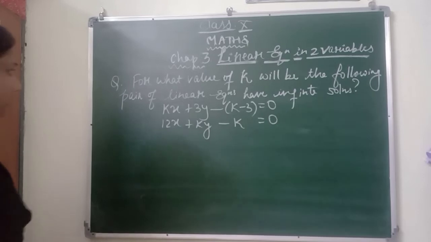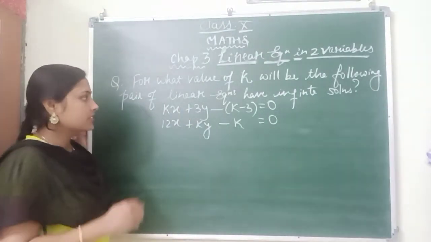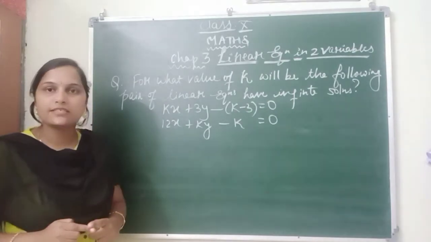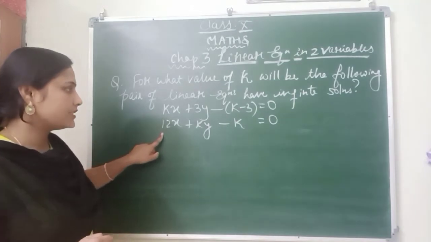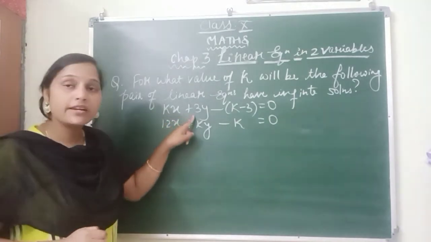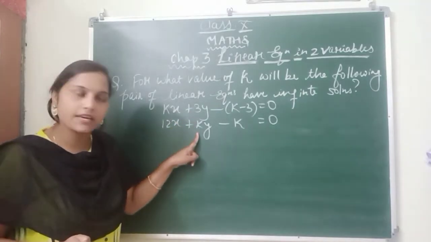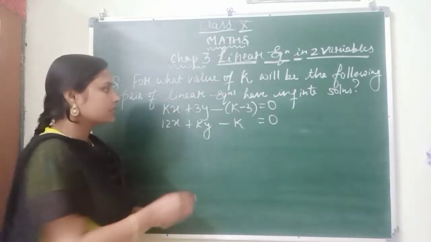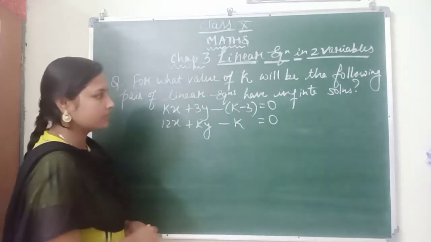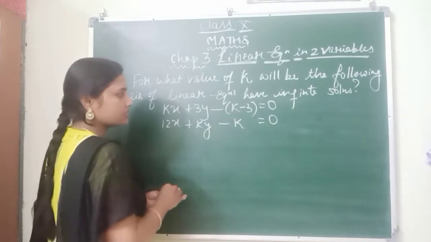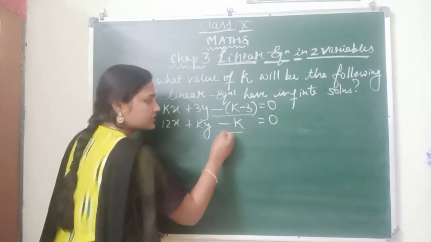Here let us see in this question how that relationship will be beneficial for us. As I told you, a1 and a2 are the coefficients of x, so a1 is k, a2 is 12. b1 and b2 are the coefficients of y, so b1 is 3 and b2 is k. The constant terms are minus (k minus 3) and minus k; the first complete term is c1, and the other is c2.